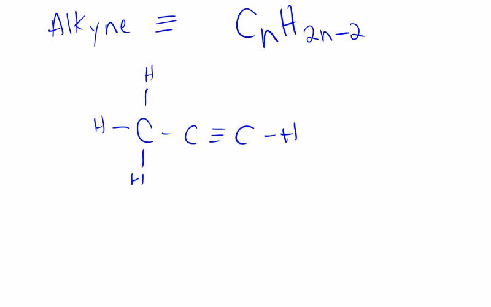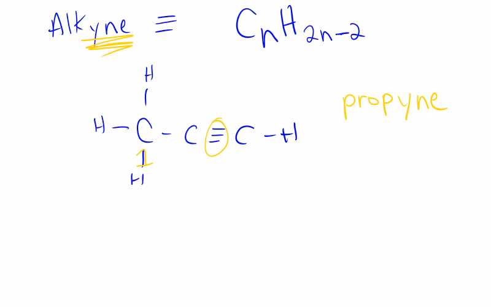So in this case, let's go ahead and name it. We have 3 carbons. What is the prefix for 3? Me eat peanut butter, so it would be prop. And we notice there's a triple bond. What's our ending for the triple bond? It's -yne. Lastly, we need to tell where our triple bond is, so we're going to name our carbons.